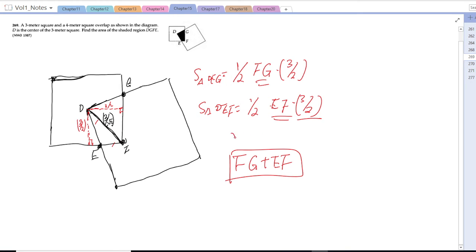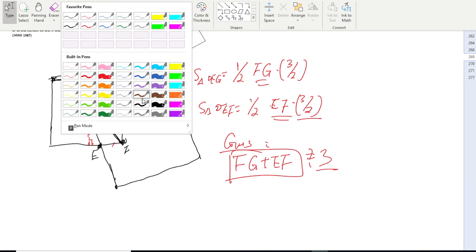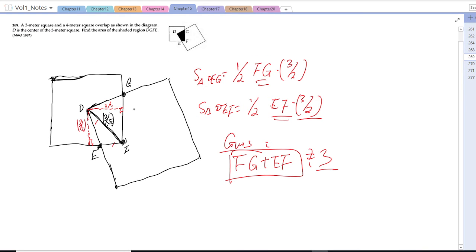So let's guess. Is it equal to a constant 3? Okay. Now, if it is equal to constant 3, that means we need to see this is the DF. For example, it's G, H, I. Okay. So if we can see the GH equals IE, right? So we can prove it's constant, right?